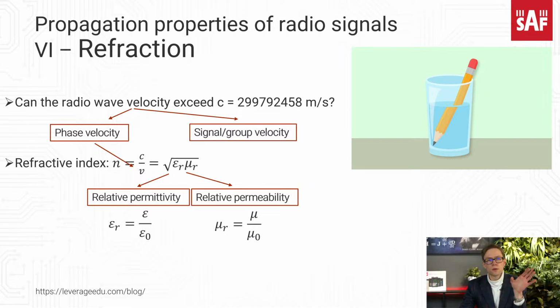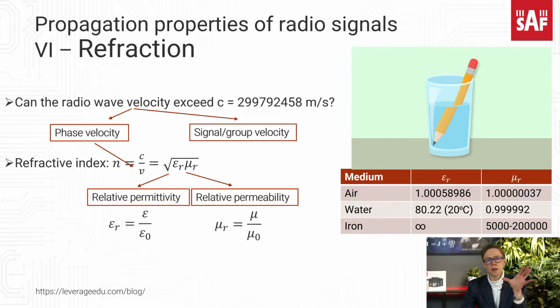So relative permittivity is the permittivity of some material relative to the permittivity of the vacuum. The same applies to permeability. Here are some numbers for different propagation media, and you can see that for air, both permittivity and permeability are very close to 1.